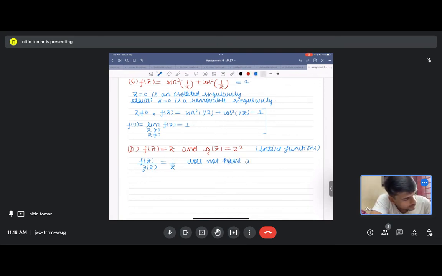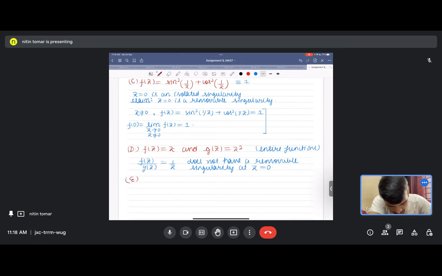It does not have a removable singularity at z equal to 0. Is this clear? Yes, sir. See, f and g both have removable singularity at z equal to 0, because they are analytic functions. But their quotient is 1 by z, which does not have a removable singularity at z equal to 0. So that option is false.